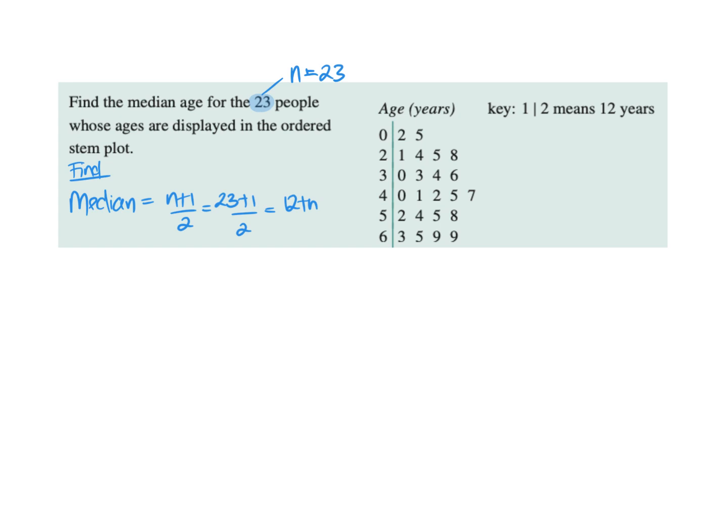Remember, a stem and leaf plot is ordered, meaning it does go from lowest to highest. So you'd go through here, 1, 2, 3, 4, 5, 6, 7, 8, 9, 10, 11, 12. So this number here, the 4, and this leaf there is our median.